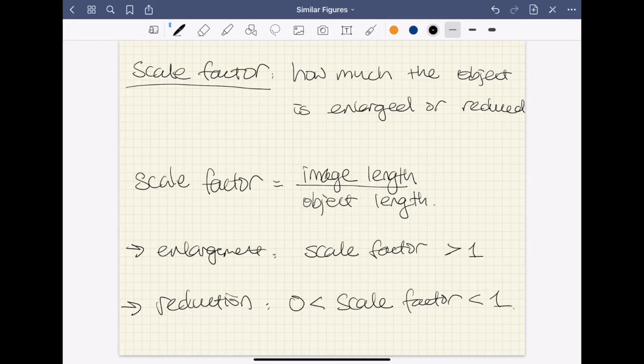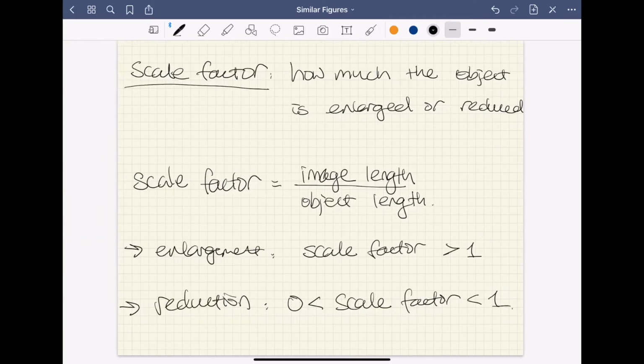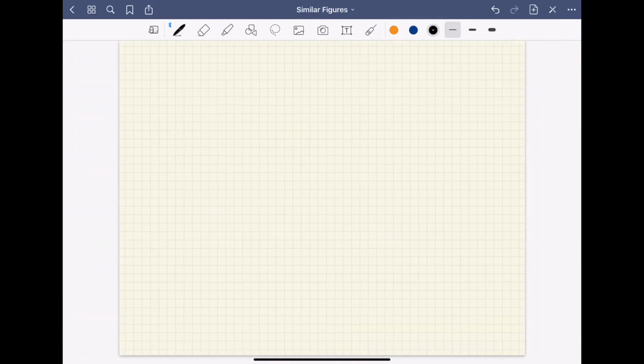So let's say your object is 5 centimeter long, and the scale factor is 2. Then 5 times 2 will give you the size of the image, which will be 10.